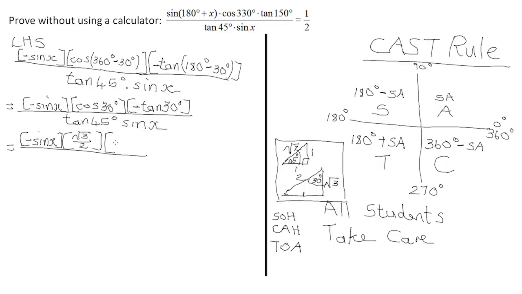And then here minus tan of 30, TOA, opposite over adjacent, which is 1 over the square root of 3. Tan of 45, 45 TOA, 1 over 1. And then obviously sine of x.